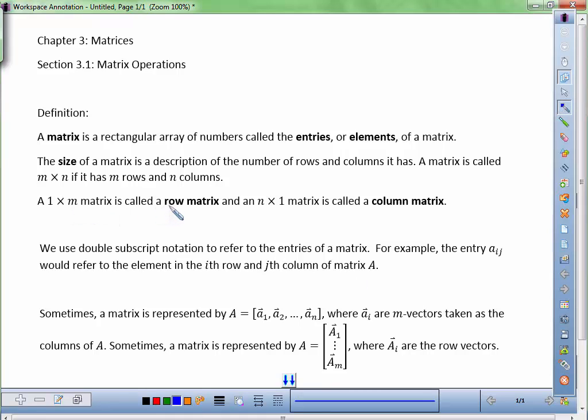So maybe we should have called this a 1 by n matrix and an m by 1 matrix. Just like in xy Cartesian coordinates, you want the x to always be first.